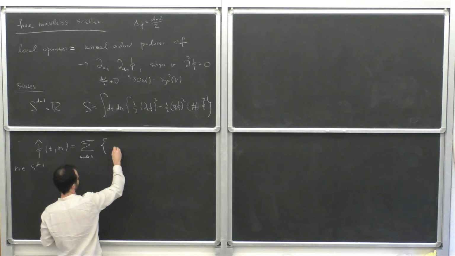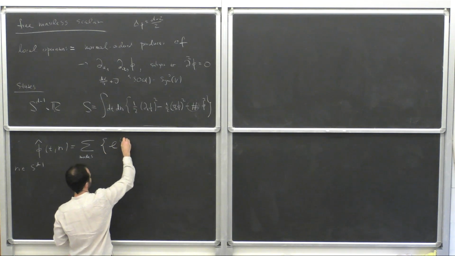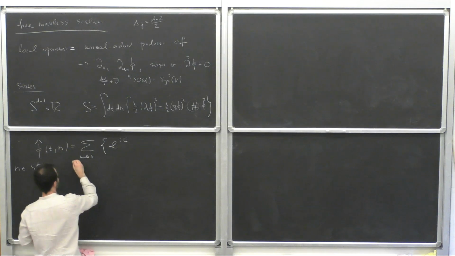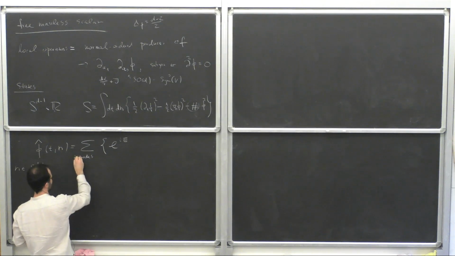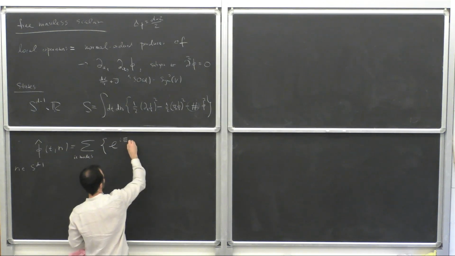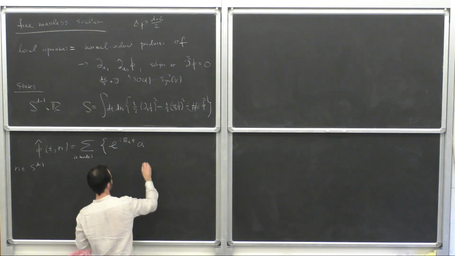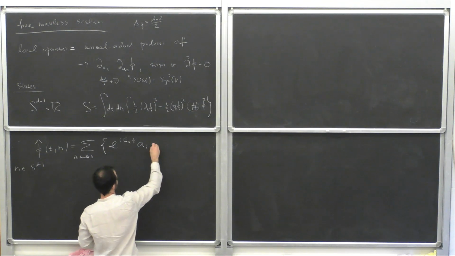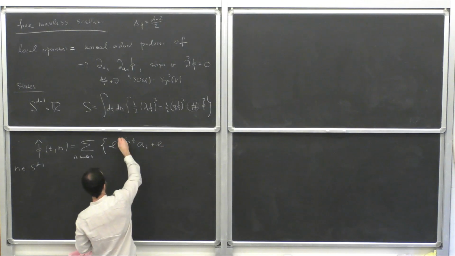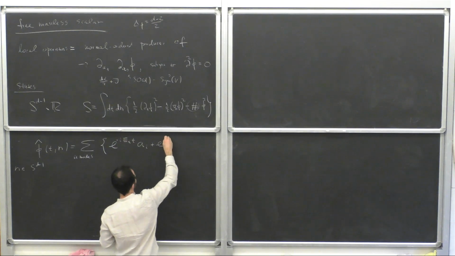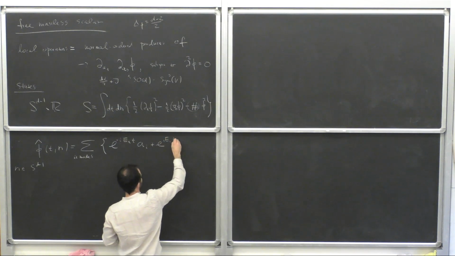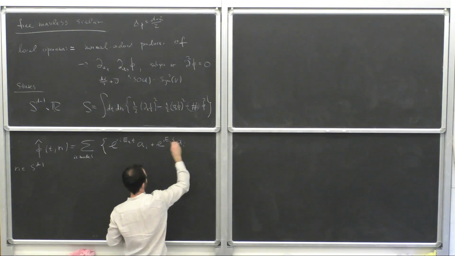It's going to look like e to the i times the energy of mode i times tau, where i runs over all the possible modes, times some creation or annihilation operator. I never know which one is a minus, which one is a plus.